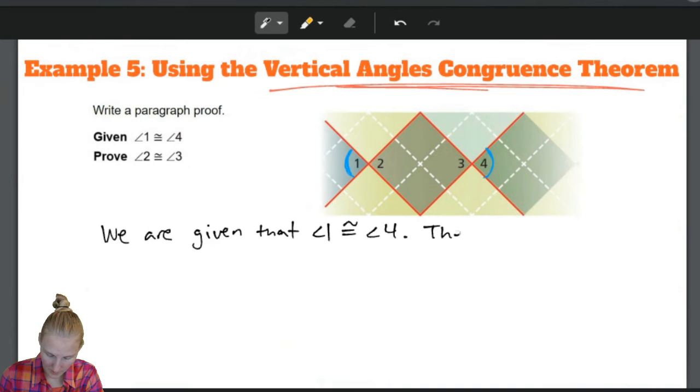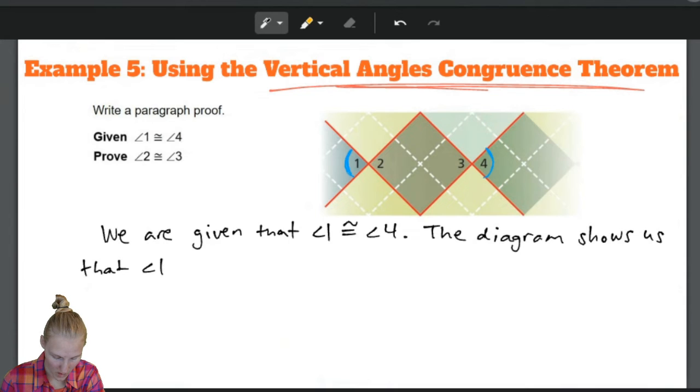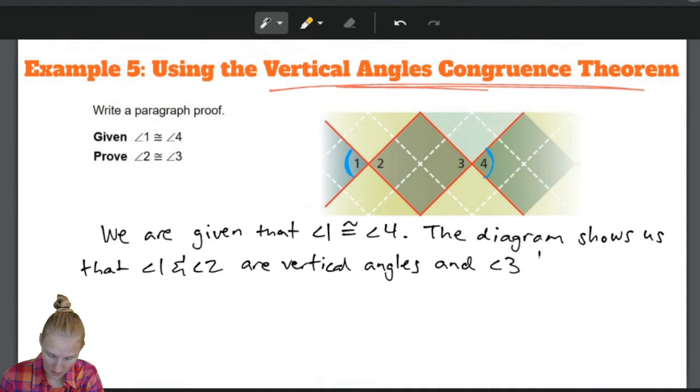The diagram shows us that angle 1 and angle 2 are vertical angles, and angle 3 and angle 4 are vertical angles.